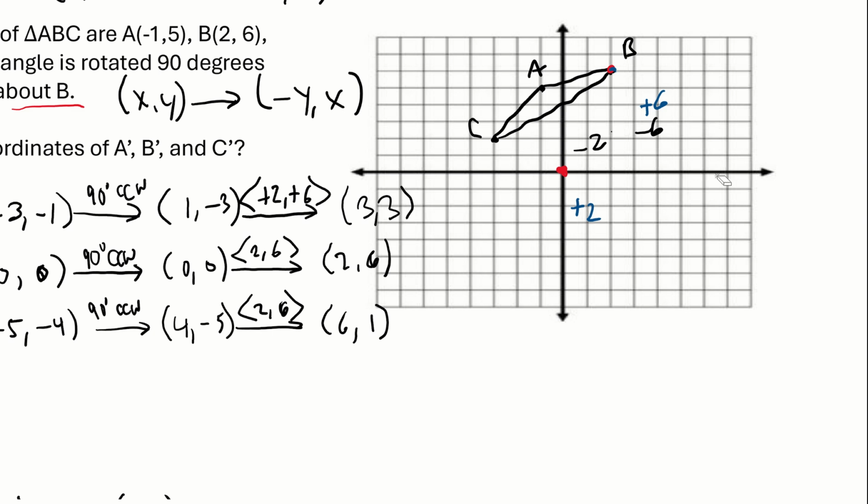Now I'm gonna just erase this so I can draw the picture. So we got (2, 6). We got (3, 3). And then we got (6, 1).